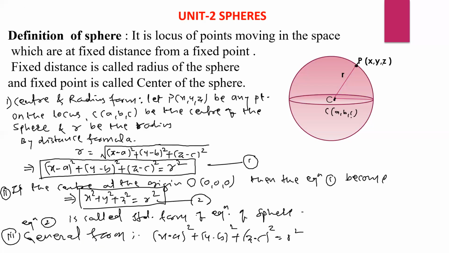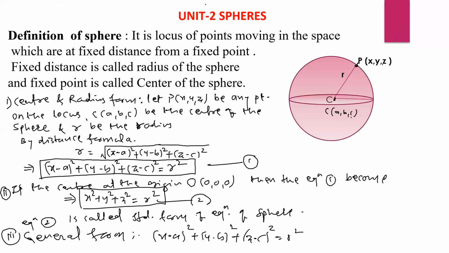The expansion of (x minus a) whole square is x square minus 2ax plus a square.